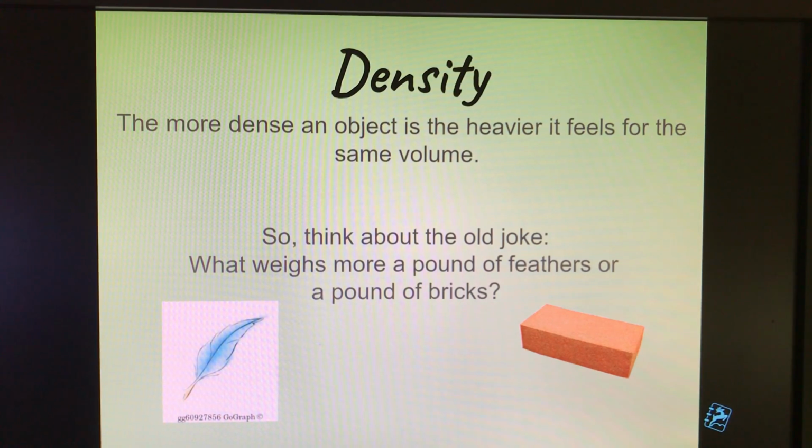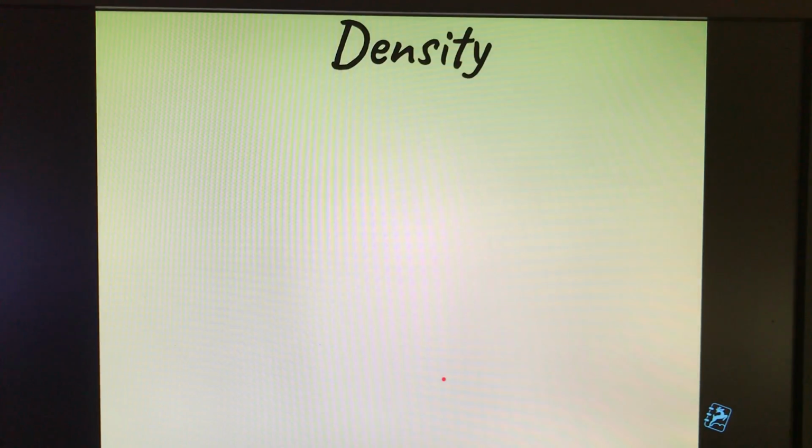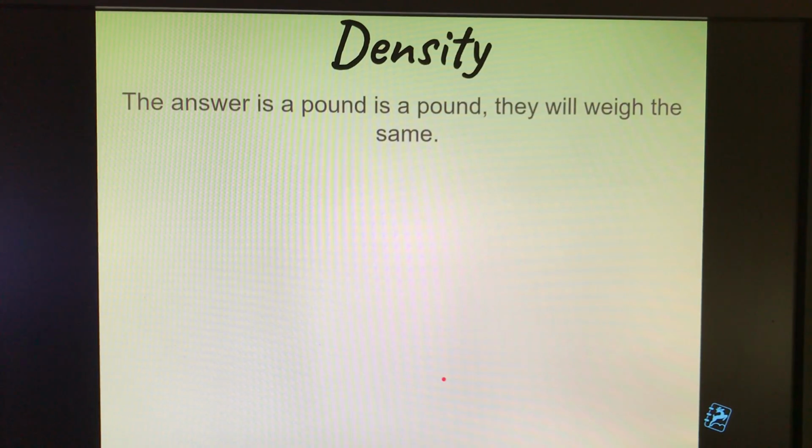Go ahead and write your answer on your slide. Let's check the answer. The answer is a pound is a pound. They weigh the same.